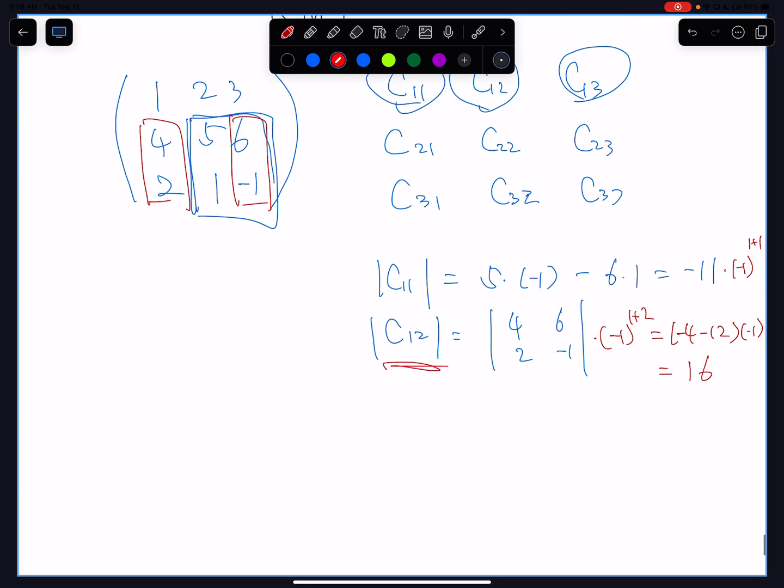All right, so what else? Let's do a random one, like C32. That's going to be here, right? Maybe I'll use a different color. This one.